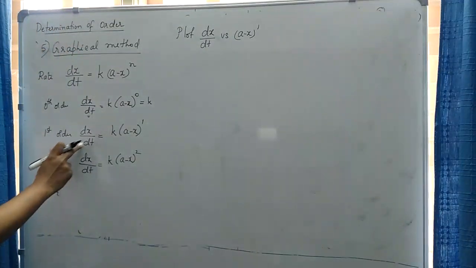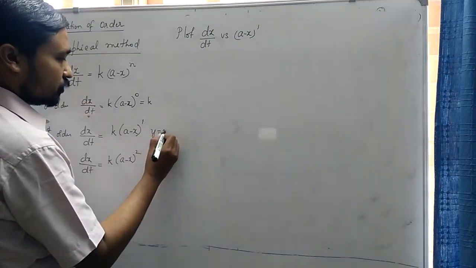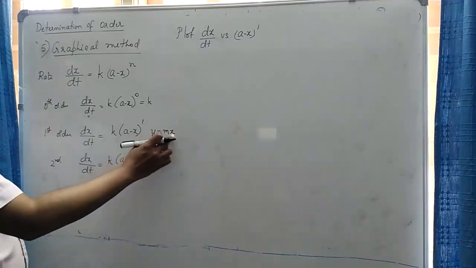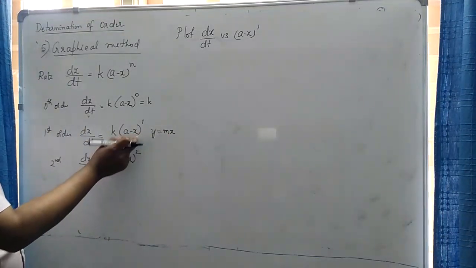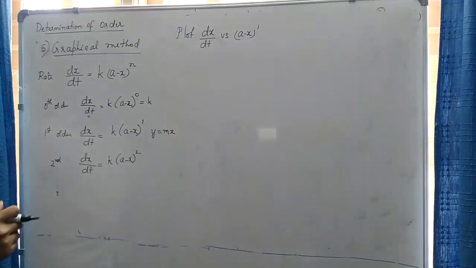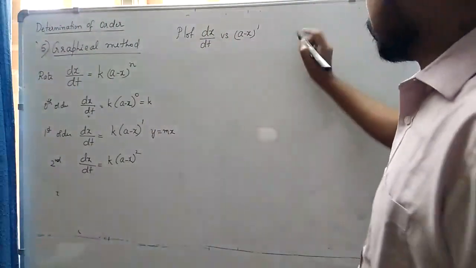Because this equation is of the form y is equal to mx, c is equal to 0, where y is dx by dt, x is (a minus x) to the power 1, and m is nothing but the rate constant. So let us plot dx by dt versus (a minus x) to the power 1.